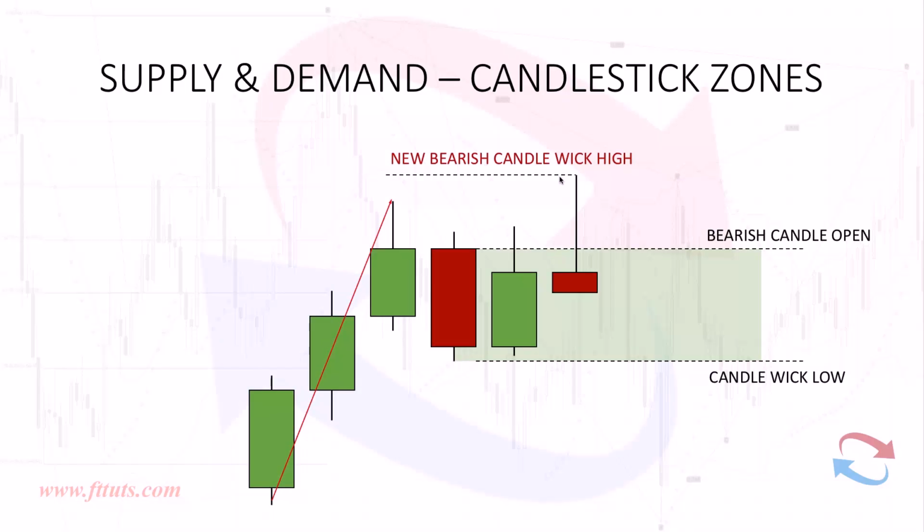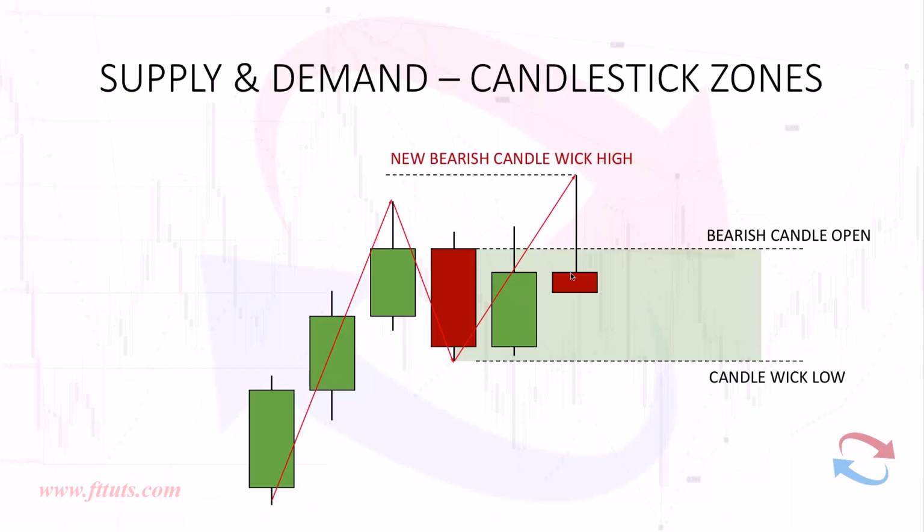You're looking for a new high, a low, and then this creates a new high. The problem is that it's not a bullish type candle. So although it has made a new high, this would still be a demand zone, but it's a demand zone of the weakest type.